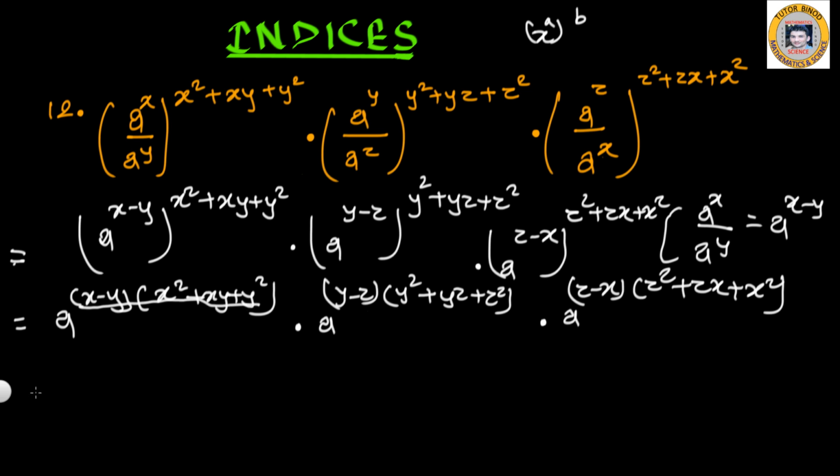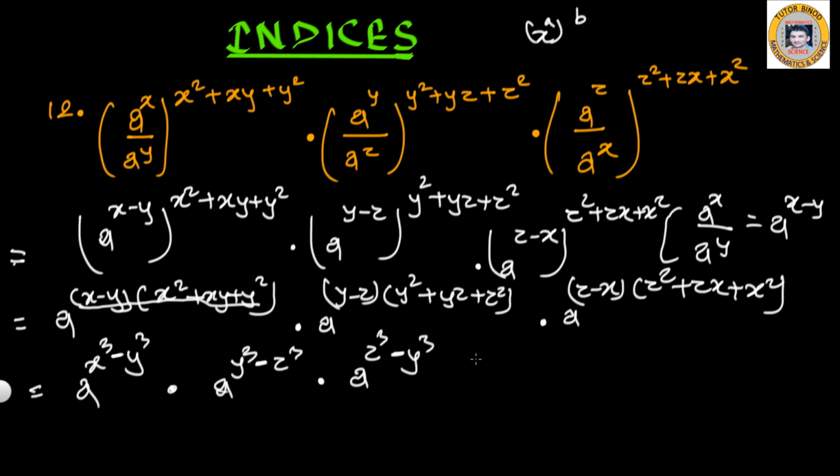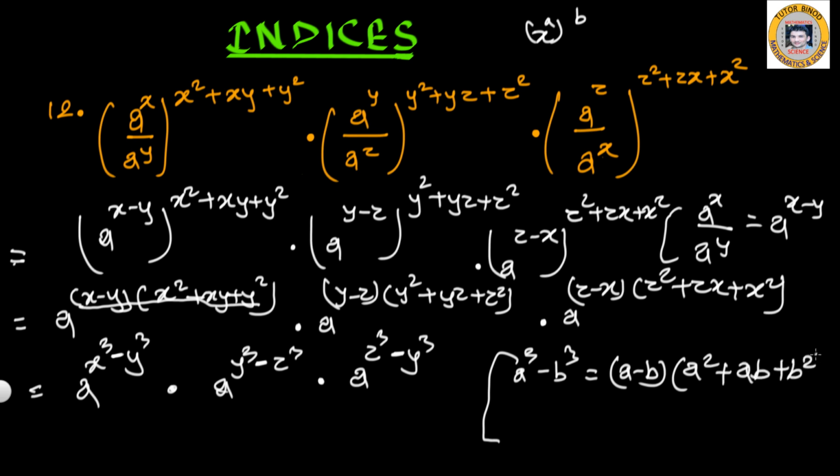This means nothing but a to the power x cube minus y cube. Similarly, this is a to the power y cube minus z cube. Similarly, this is a to the power z cube minus x cube. Why is that so? Because a cube minus b cube is a minus b times a square plus ab plus b square.